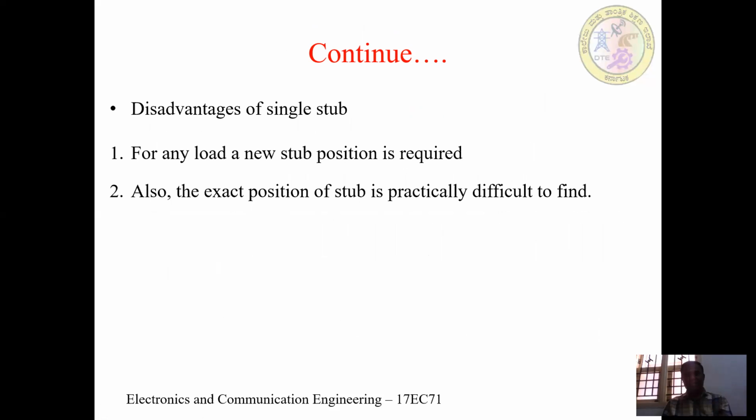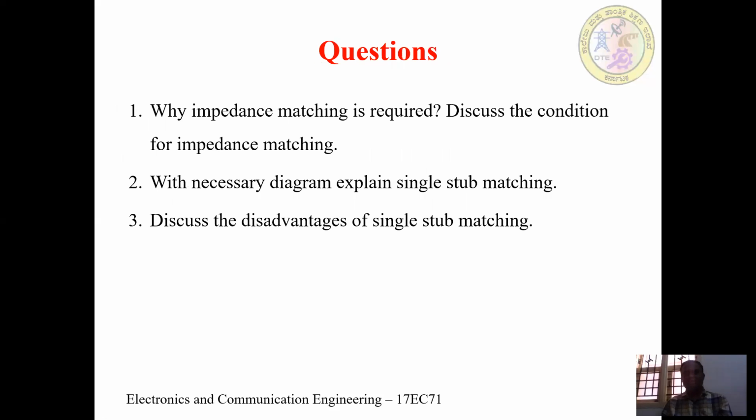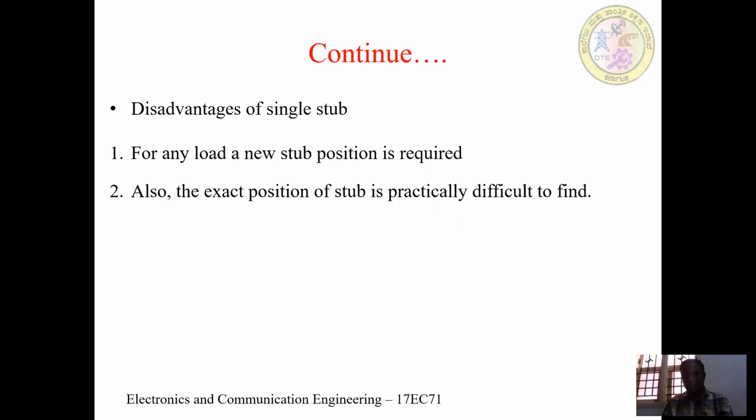Also, the exact position of the stub is practically difficult to identify, so an approximate position is chosen and then tuned. Because of this, the difficulties can be overcome using double stub matching, which comes in later sections.